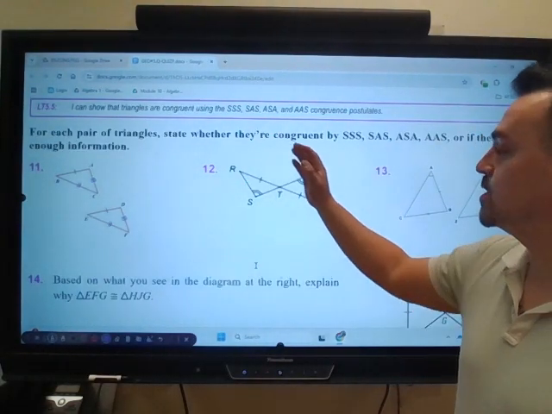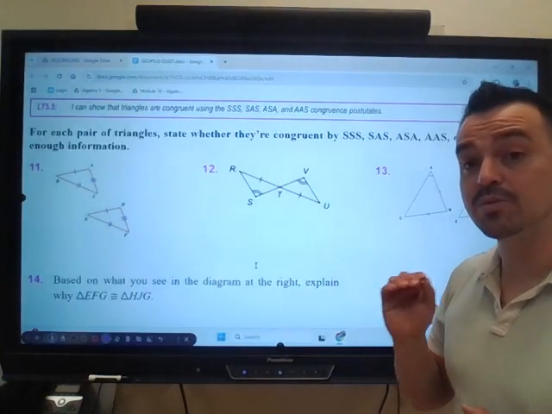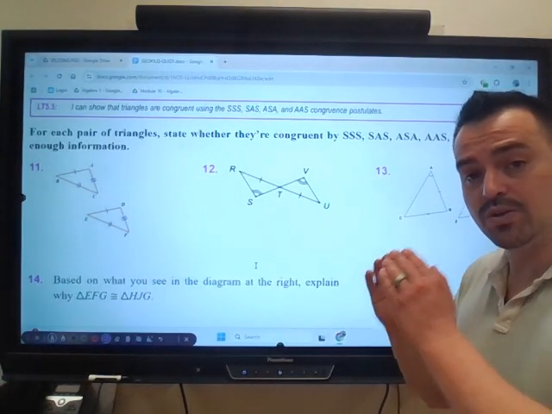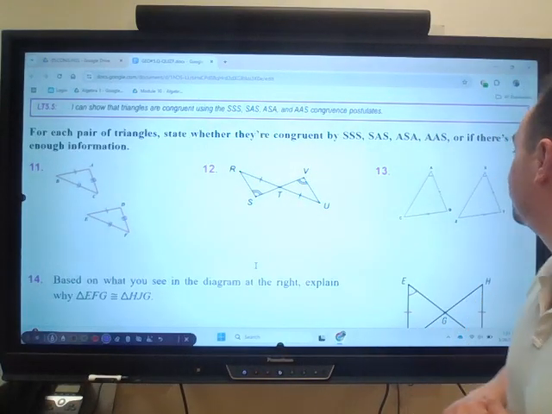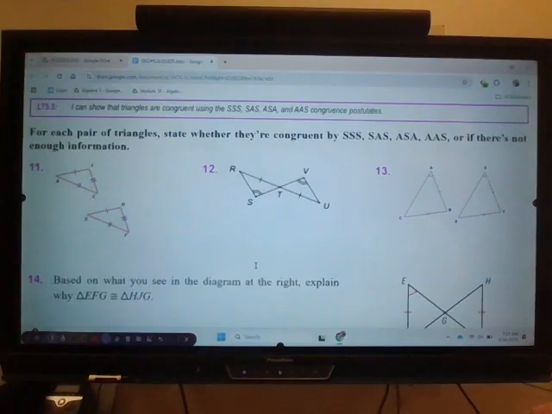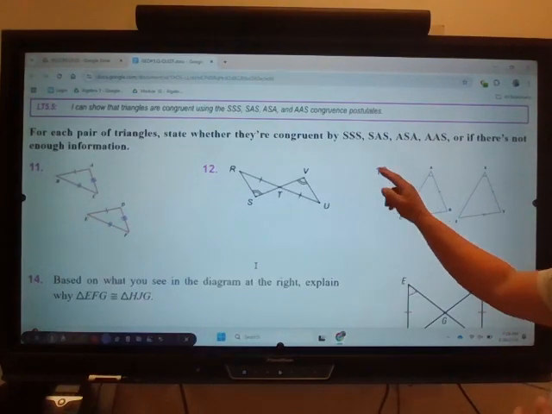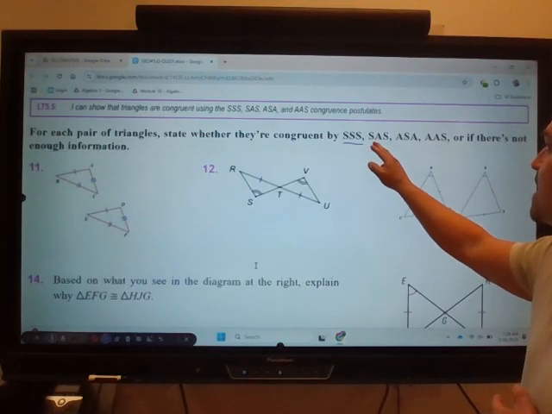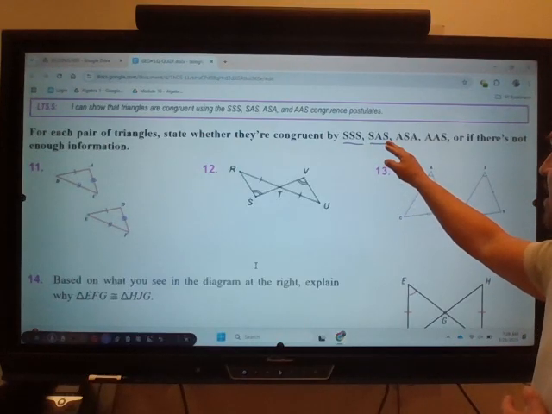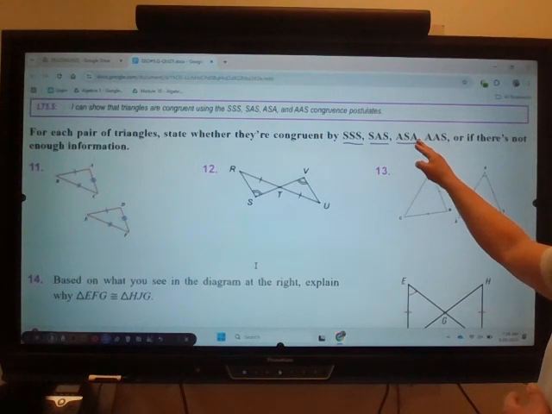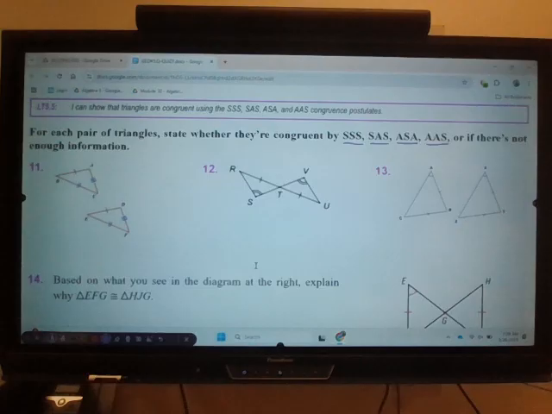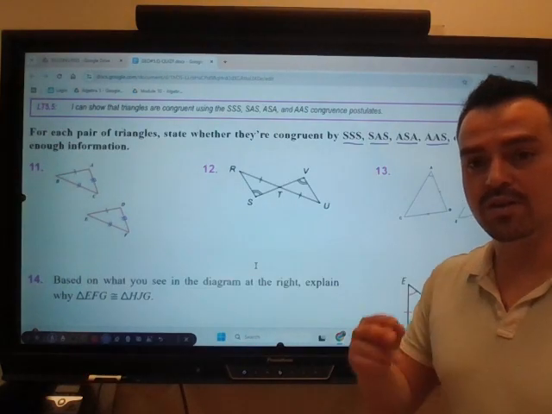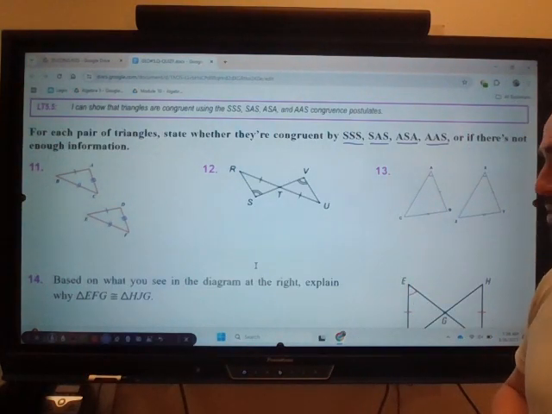We covered different postulates that allowed us to prove that two triangles were congruent or similar. So in this case, we're going to prove congruence using any of these following properties: side, side, side; side, angle, side; angle, side, angle; angle, angle, side. Those are different ways of proving that two triangles are congruent.